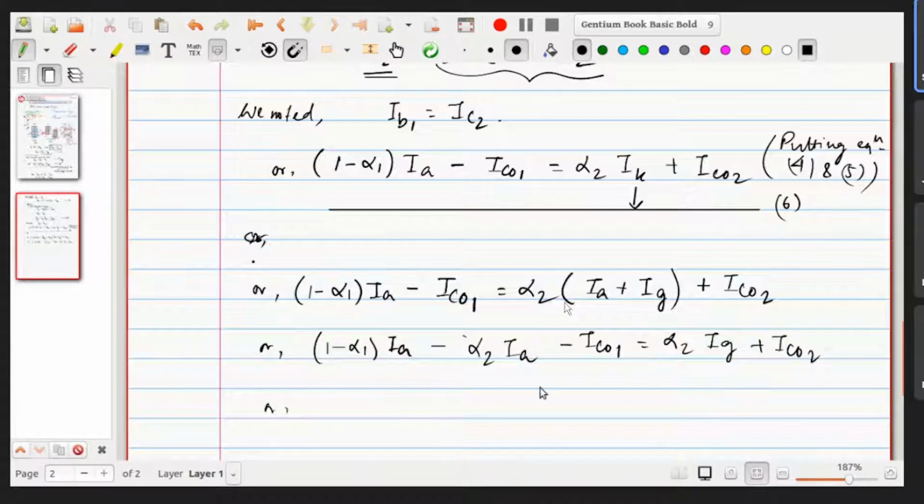That's it. So if we now take this IA common, what we find is (1 minus alpha 1 minus alpha 2) into anode current is equal to alpha 2 IG plus ICO1 plus ICO2.